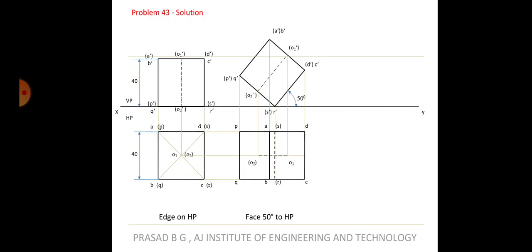So all the lines are connected, isn't it? Only thing is that there are no other slant edges anywhere because most of the edges are coming all in the boundary itself. P to A, Q to B, B to C, everything is in the boundary. So this completes, and axis has to be drawn. Remember that O1, O2 has to be drawn as an axis line. So this will complete the second view.